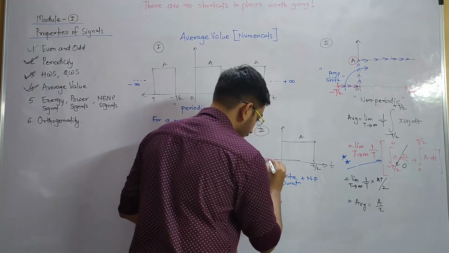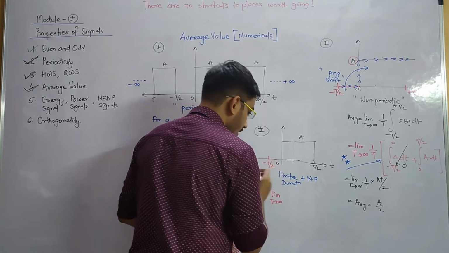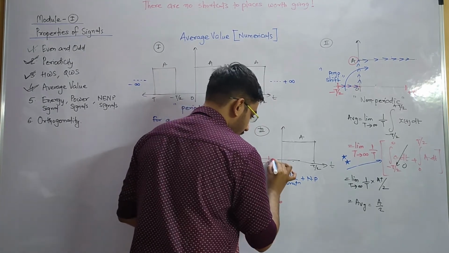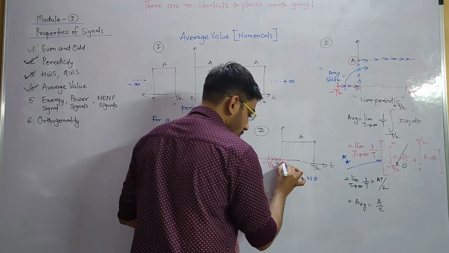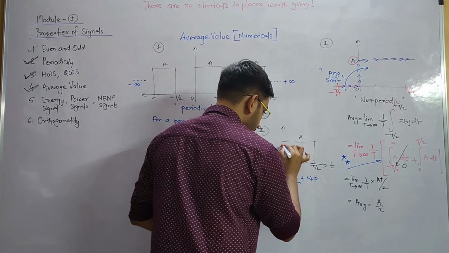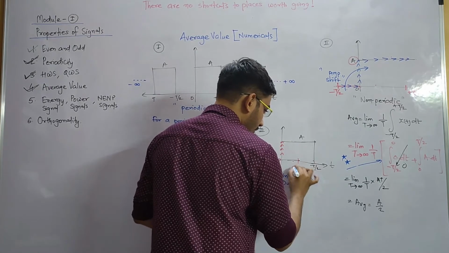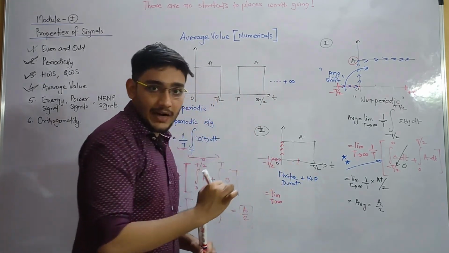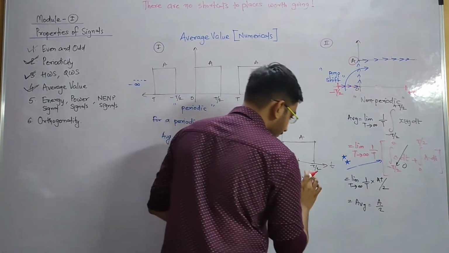So if I say this is going to be minus T by 2, now my amplitude from minus T by 2 to 0 is 0. From 0 it gets an amplitude shift of A. But can I put my T by 2 here? No, I can't.